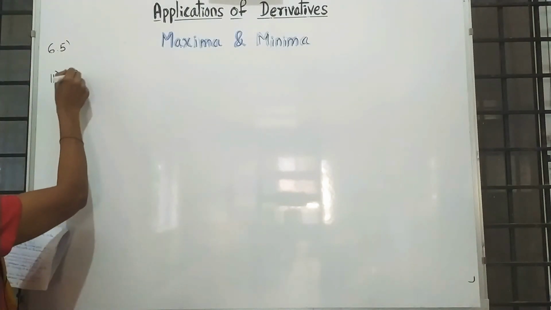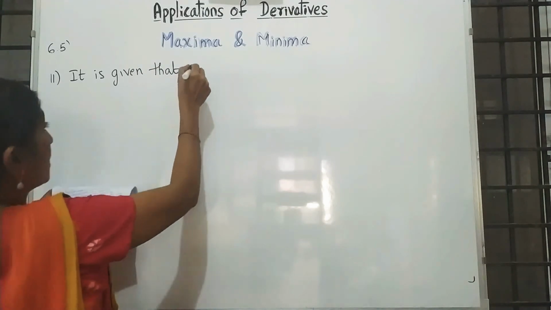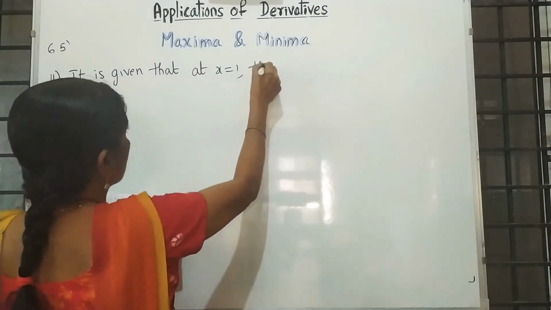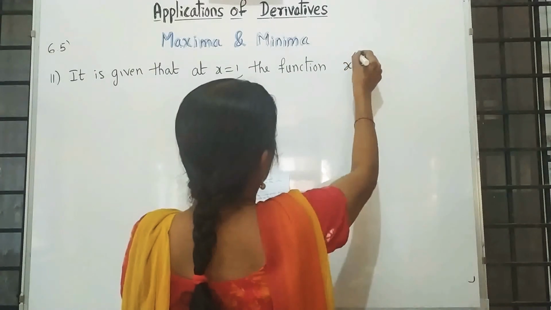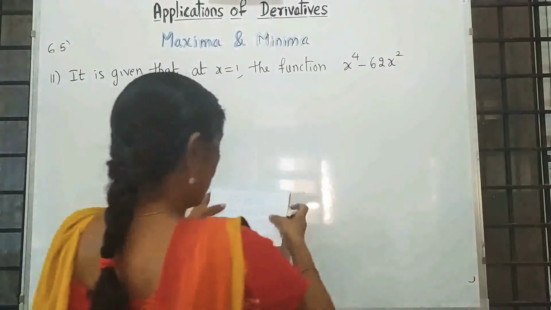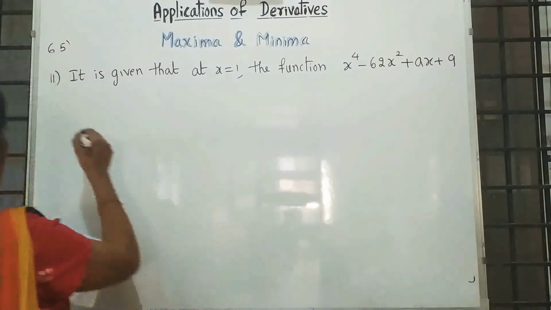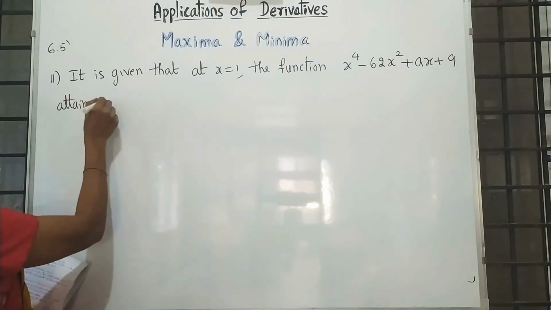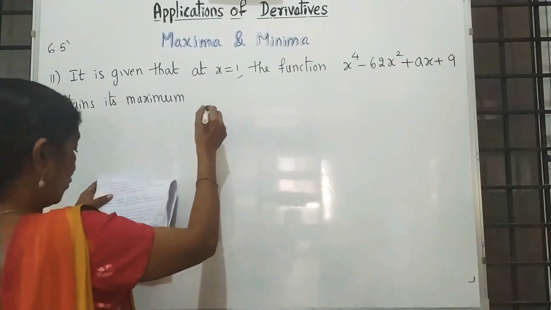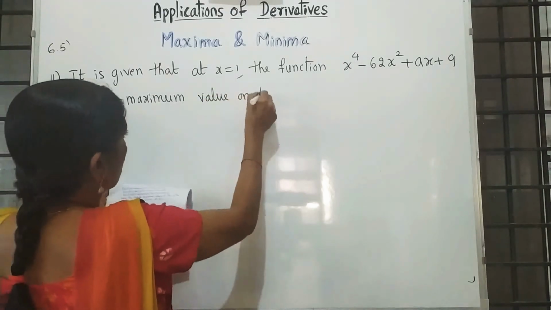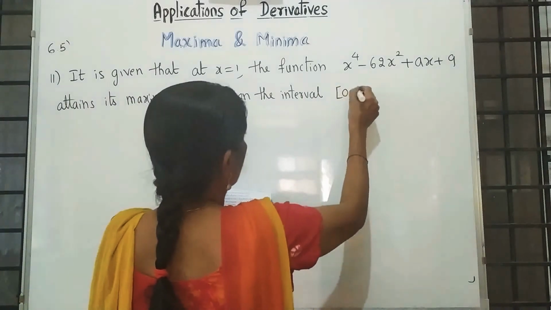Question number 11. It is given that at x is equal to 1, the function x raised to 4 minus 32x square plus ax plus 9 attains its maximum value on the interval 0, 2.